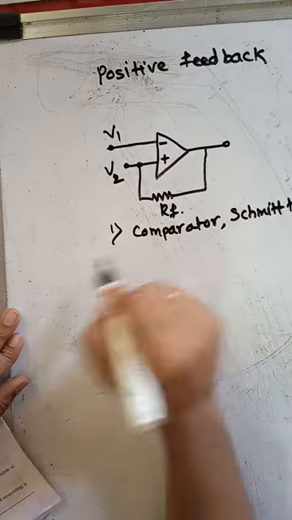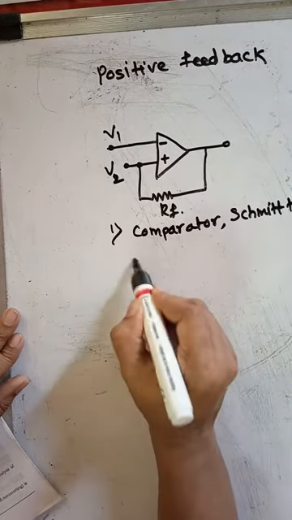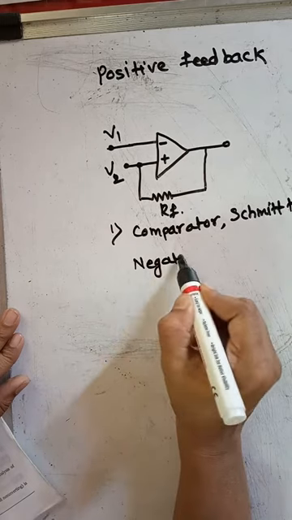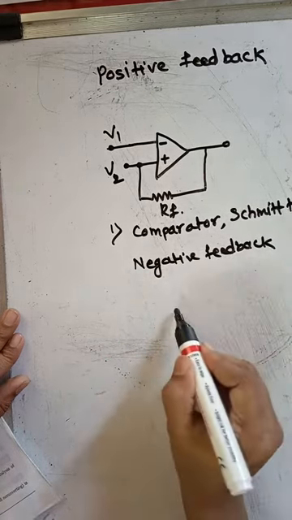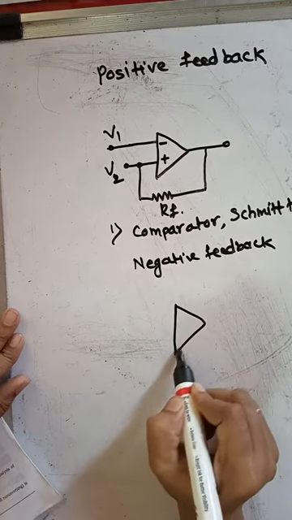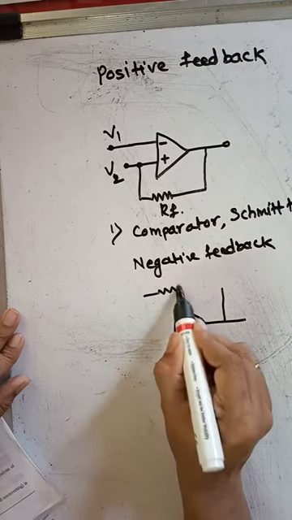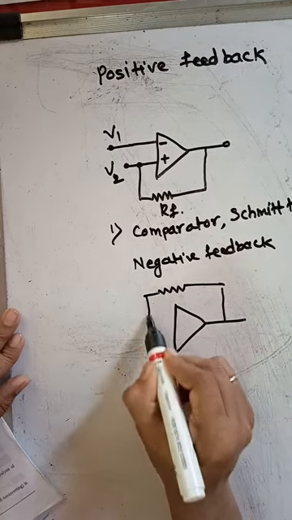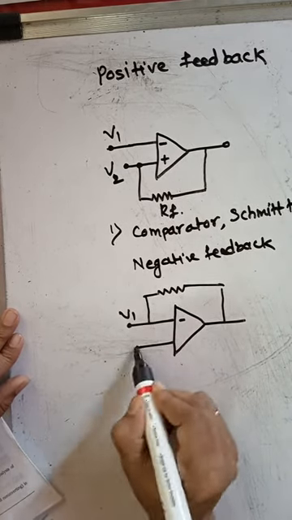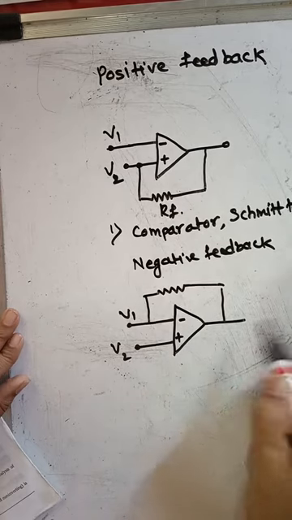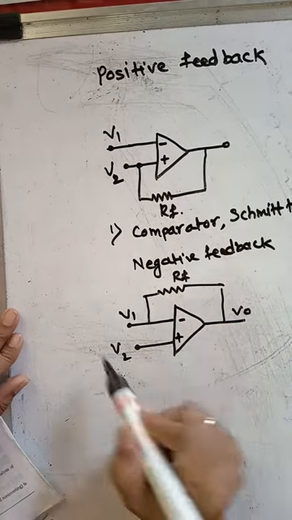And for negative feedback, we have to feed the output of this circuit back to the negative terminal of the op-amp. Here this is V1 and this is V2, this is positive and this is V0 with RF. So that is a negative feedback.